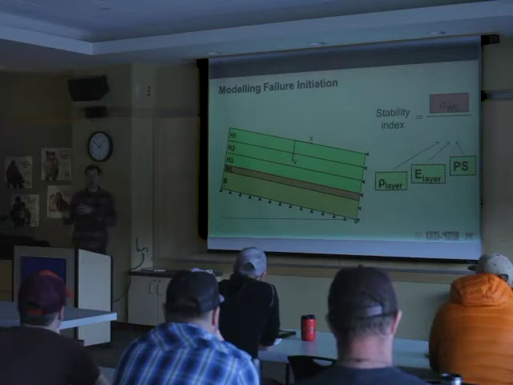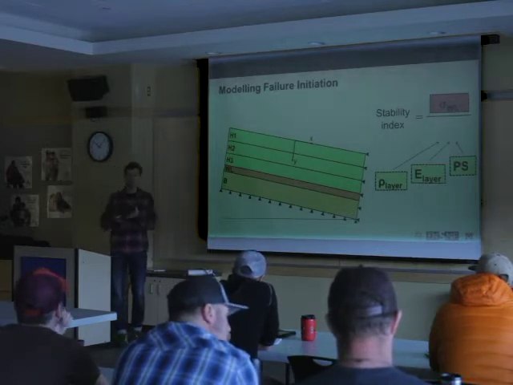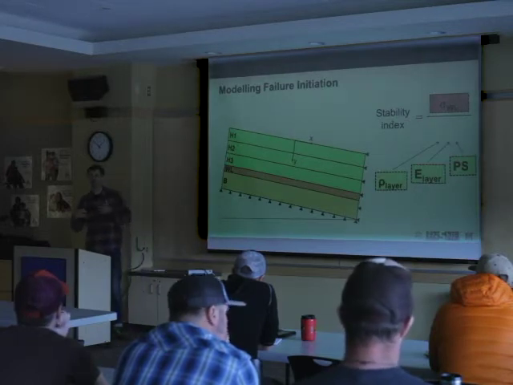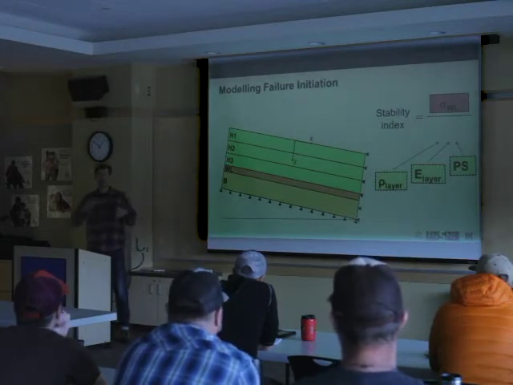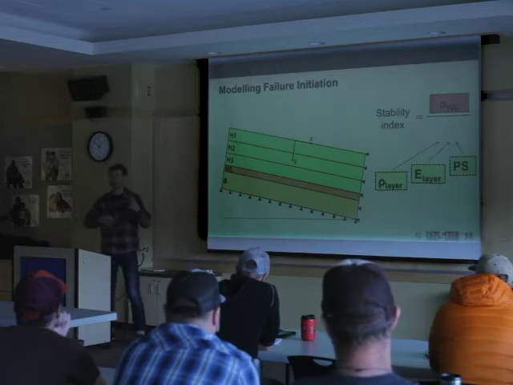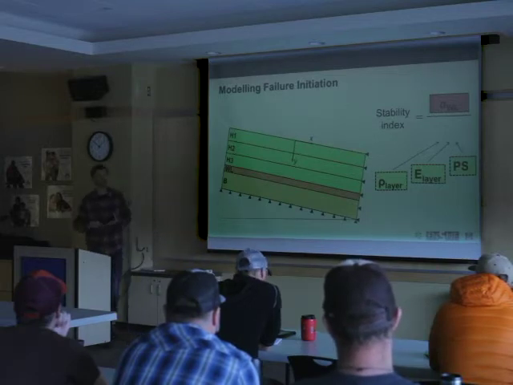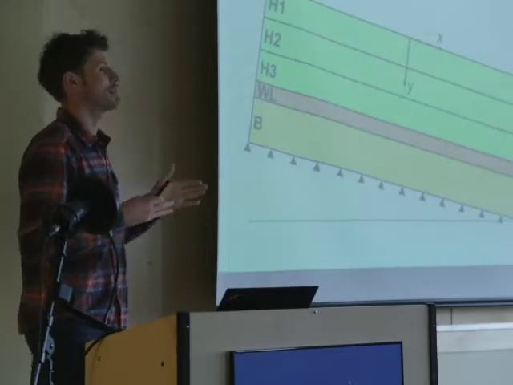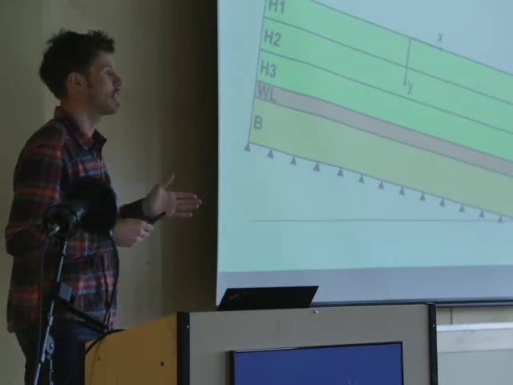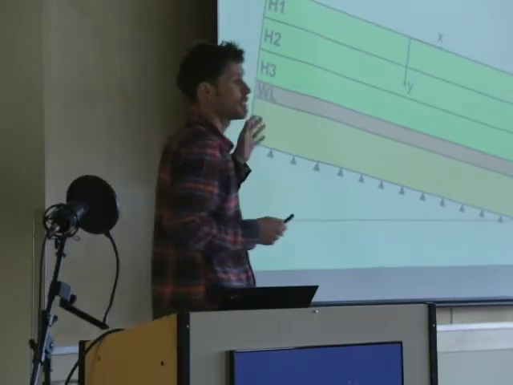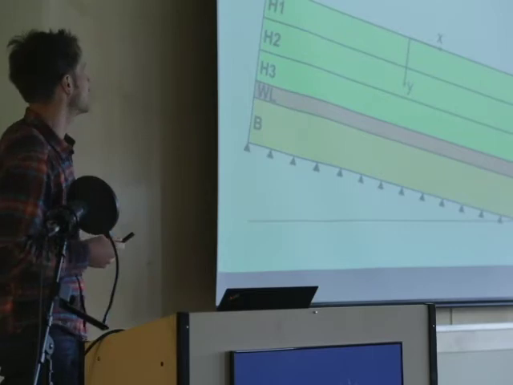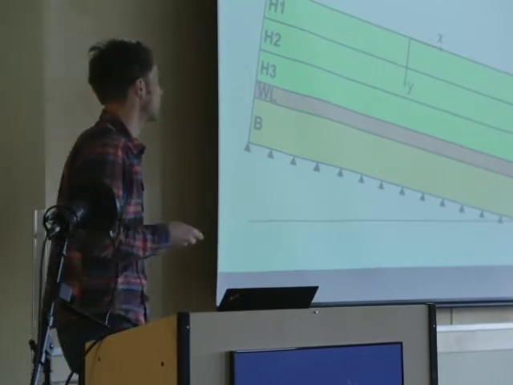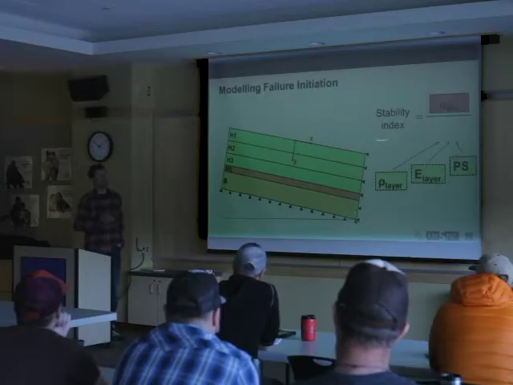So let's go to the first data set and try to understand what failure initiation means. And I start right here with these terms, failure initiation, later will be crack propagation. These terms, you all know them. And these terms will help us to describe snow instability in the end. So we start with failure initiation, and one way to model failure initiation is a strength of material approach, and you would use the stability index.